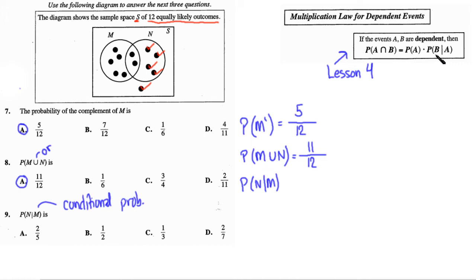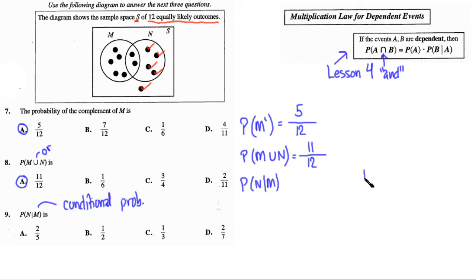What this law says is that the probability of A and B, the intersection, which means and, the overlap, equals the probability of A occurring times the probability of B occurring given that A has occurred. In our context, we're looking for the probability of N occurring given that M has occurred. We're going to change the notation in that formula so it's a little easier to interpret.